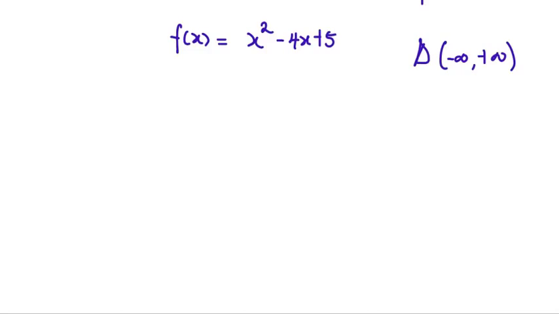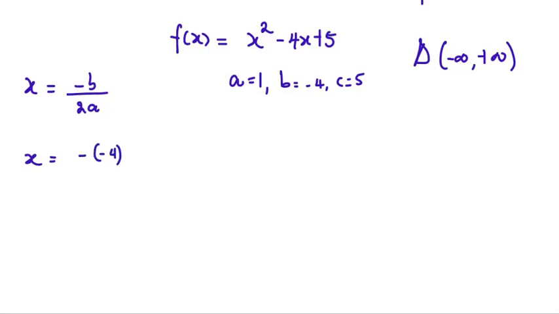So I will show you guys two different ways you can find this vertex. The first one, we can use the formula x is equal to negative b divided by 2a, right? So here we know that our a is the coefficient of x squared, which is 1. Our b is equal to negative 4 and our c is equal to positive 5. So here x is going to be negative of negative 4, then divided by 2 times a, which is 2 times 1. So this is giving us 4 divided by 2, that would be 2.